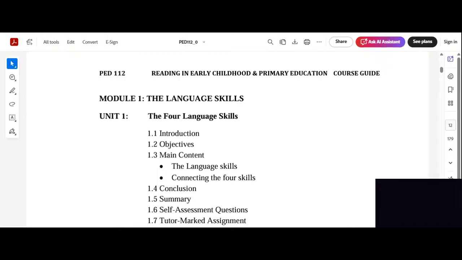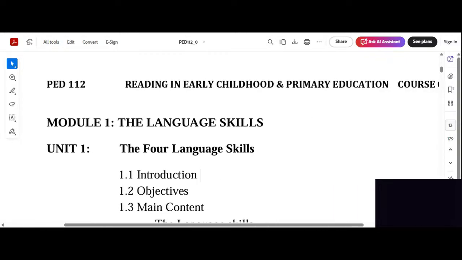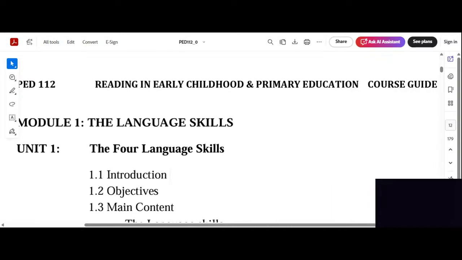Okay, so I think we are good to go. As the course says, PED 112, reading in early childhood and primary education.